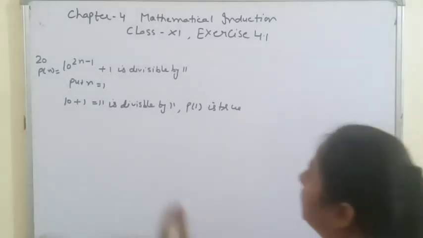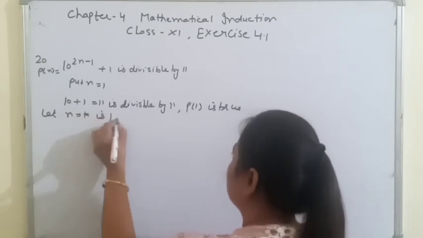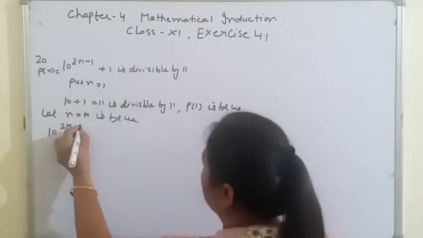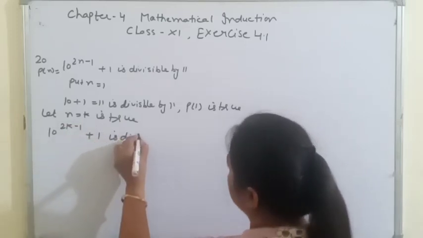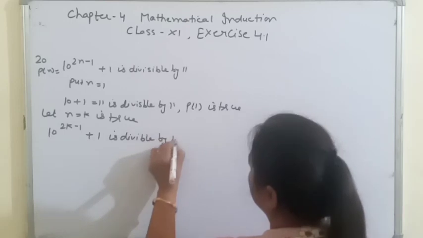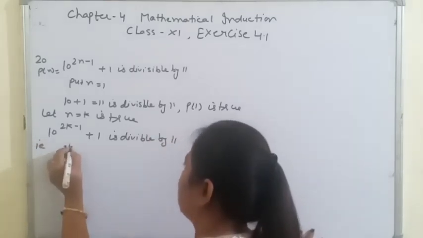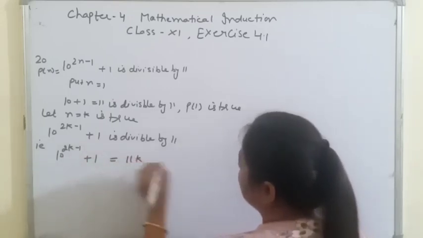Second step, let n equal to k be true. 10^(2k-1) + 1 is divisible by 11. That is, 10^(2k-1) + 1 is equal to 11m.